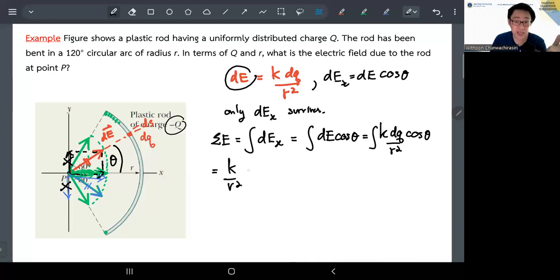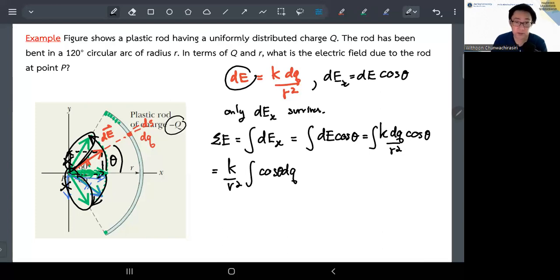But cosine theta I cannot, because theta is not constant. It's sweeping. You start from here and go up there, so theta changes from down here all the way up there. Theta is a variable, so you cannot take it out. So this is the integral that you need to integrate: cosine theta.